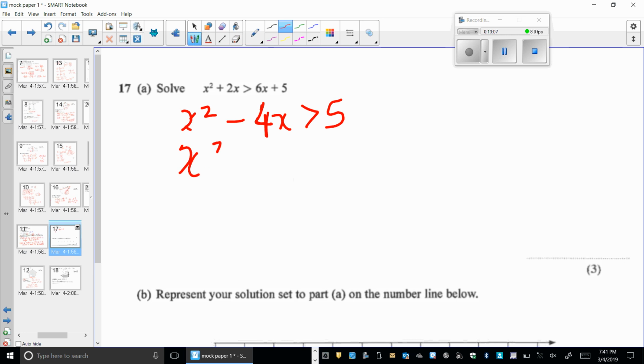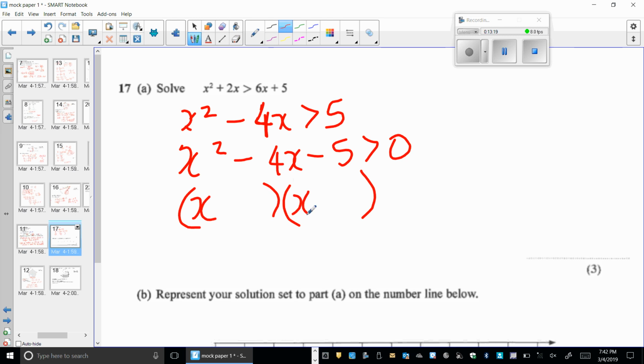And then x squared minus 4x minus 5 is greater than 0, having subtracted 5 from both sides as well. Now I have a quadratic. I've got to find two numbers that multiply to give -5 and add to give -4. So it's -5 and +1.